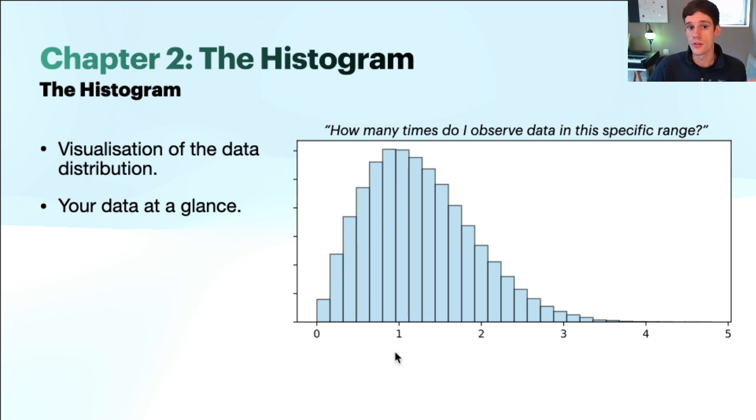And we can also observe immediately that our data is skewed to one side. What does this mean? Well, it means that even though our data lies between 0 and 5, the vast majority of our data lies between 0 and 2. And these are all qualitative properties of our data distribution, which we can derive by simply looking at the shape of our histogram.